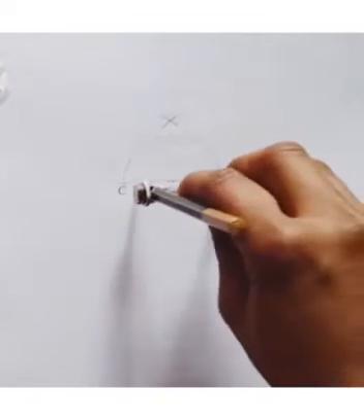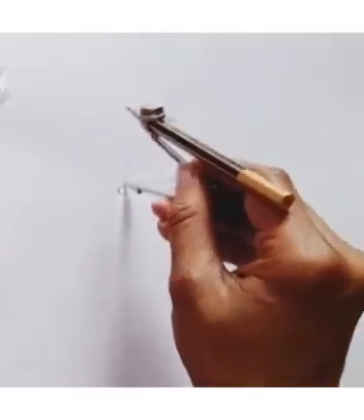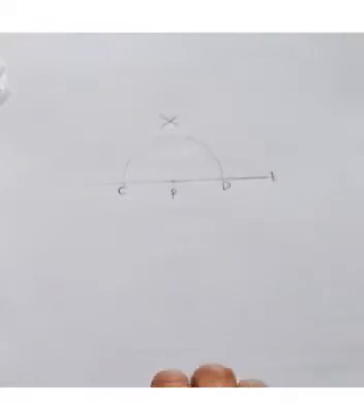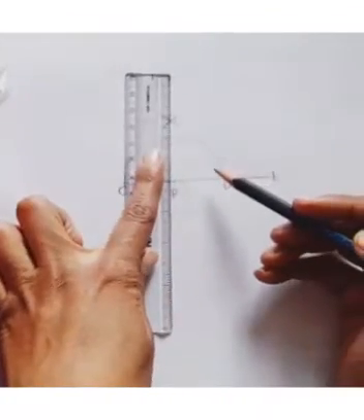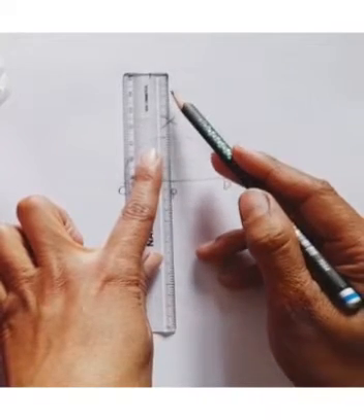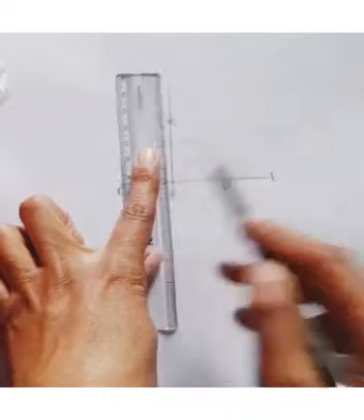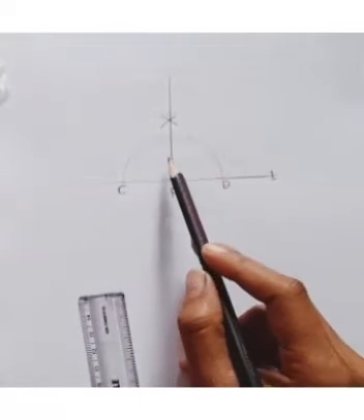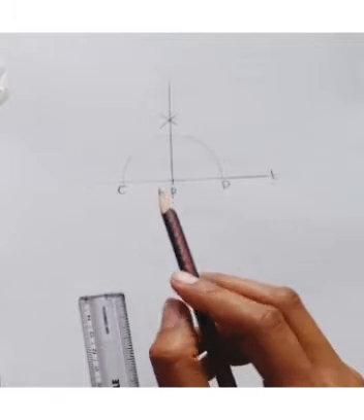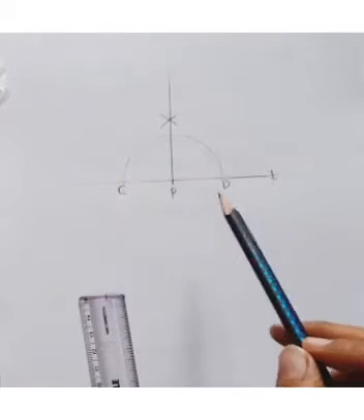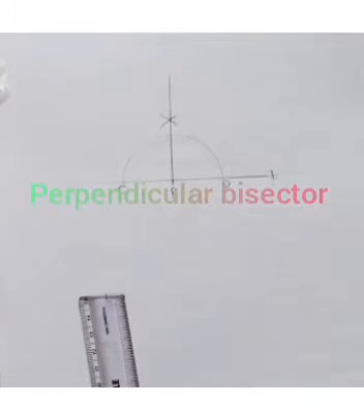From D you have to make one arc, and then again from C you have to make another arc. Now the point where the two arcs are intersecting each other, from that point join a line segment like this. So you can see this is perpendicular at point P. So this is a way of drawing a construction of perpendicular to a line through a point P.